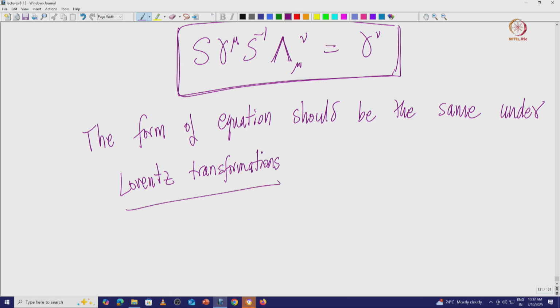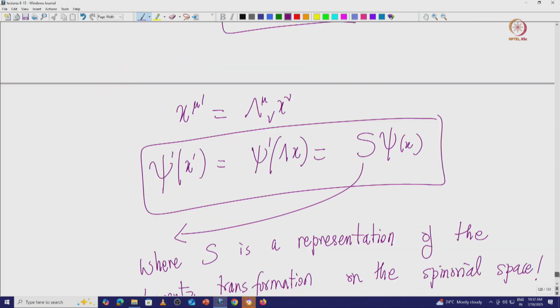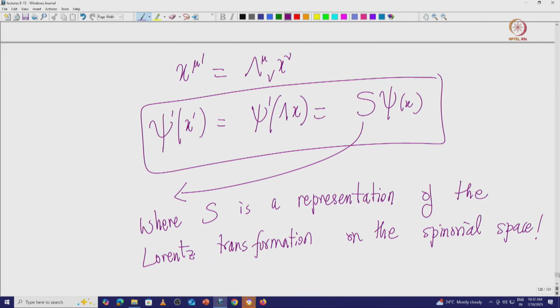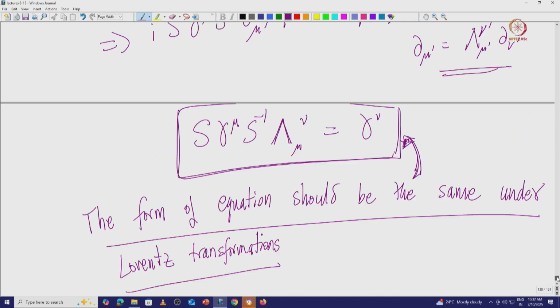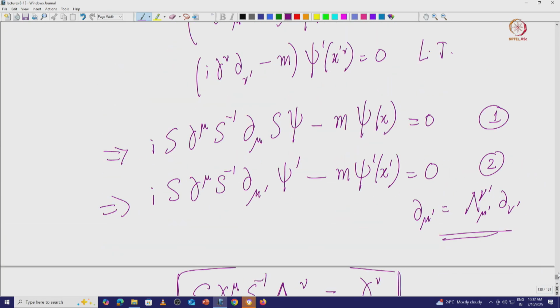This is the condition we imposed, and you can see it with simple algebra just by making use of the relation we have used, psi prime of x prime is equal to S of psi of x. Putting it back into the Dirac equation, you will end up with the condition that the gamma matrices should also satisfy this particular relation.